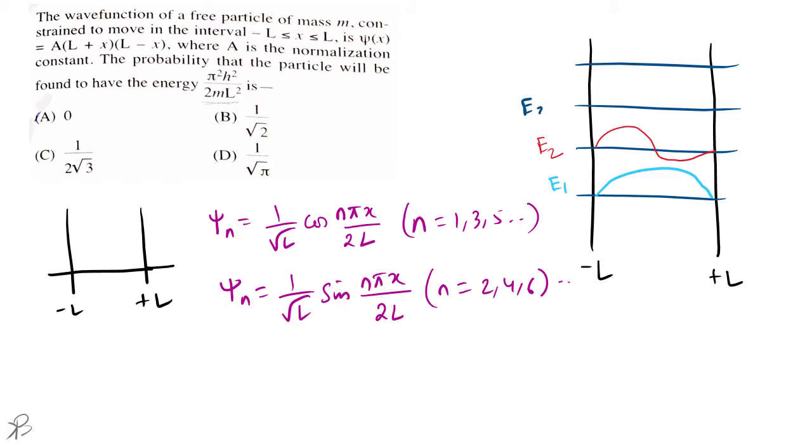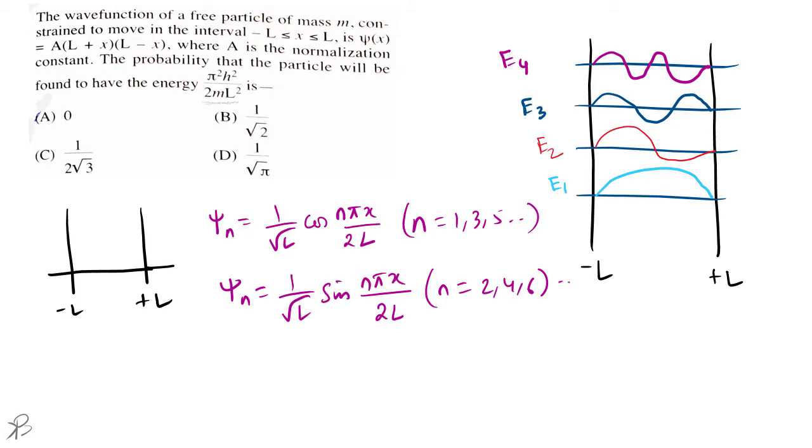Similarly, E3 will have more curvature, and then E4 will have 4 loops.